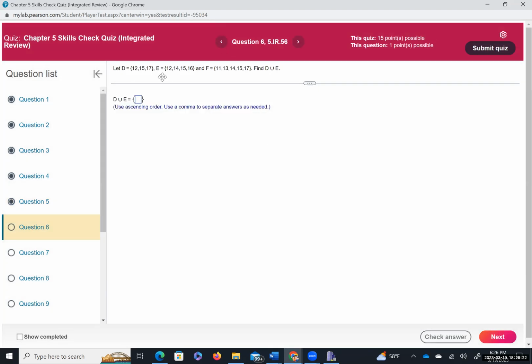Number 6. Oh, this is a set, right? Keep in mind that this notation here is called a set. And inside the set you can have some elements.